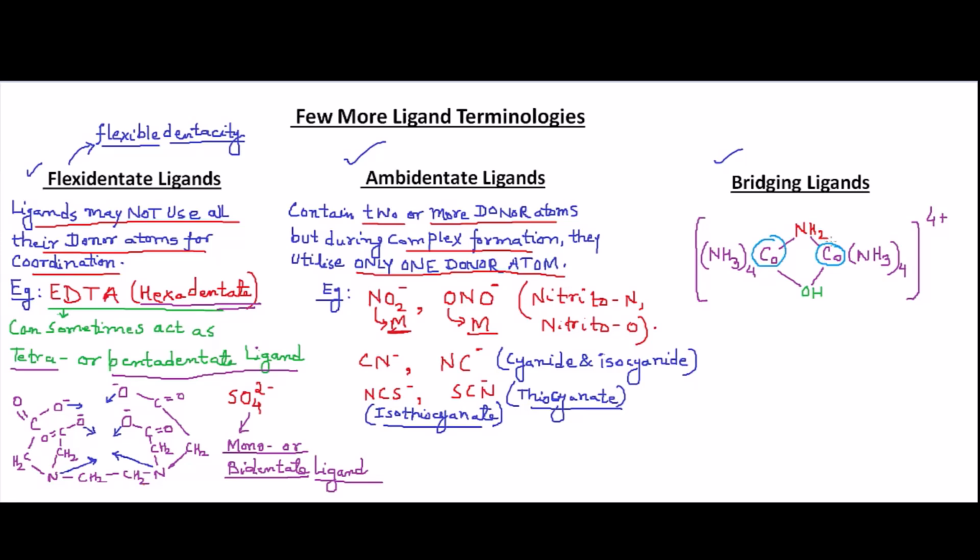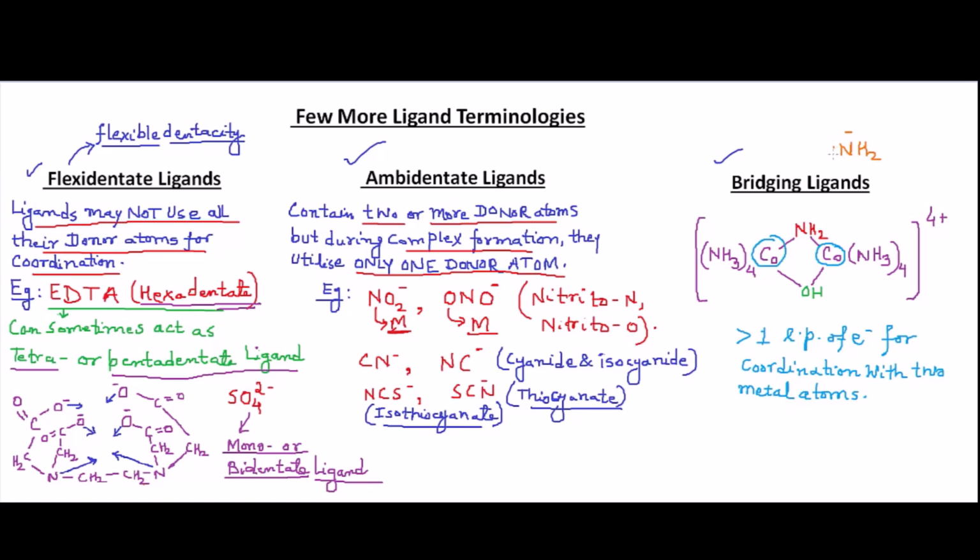How do they act as a bridge between the two metal atoms? Because they have more than one lone pair of electrons to coordinate with these two metal atoms. That means bridging ligands should have more than one lone pair of electrons. So if you look closely at these two ligands, one is NH2. So this is the amido, NH2 minus actually. So it contains a negative charge and a lone pair on the nitrogen.